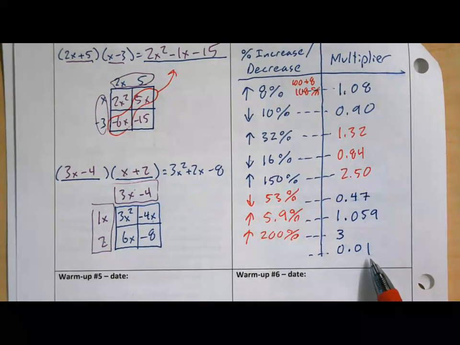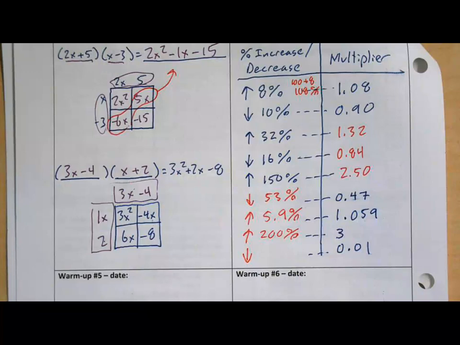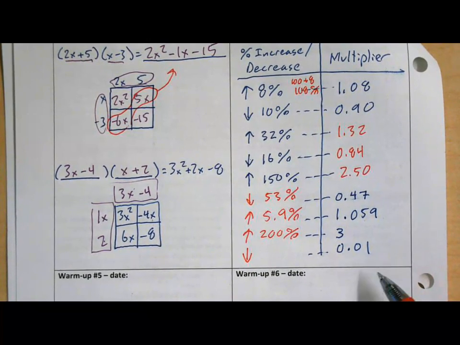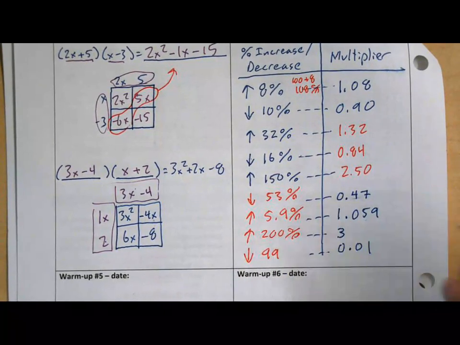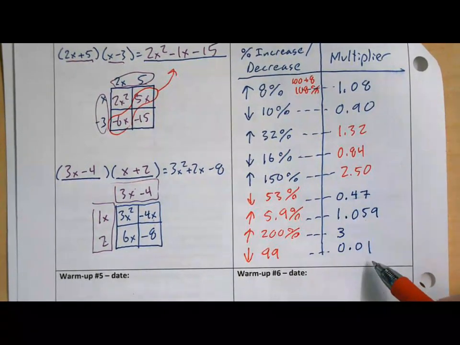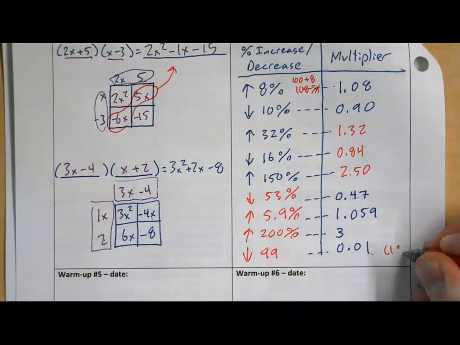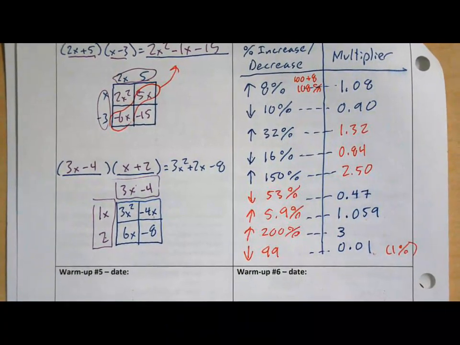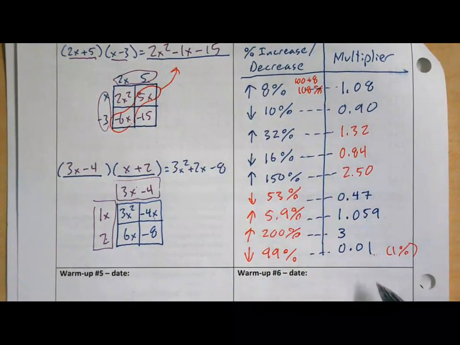This one's way less than 100. So we're definitely decreasing. That would be 1%. How far away from 100 is that? So yeah, well, no, it'd just be 99, right? If we change this into a percent, it would be 1%, which is 99 away from 100. You said 99.99.